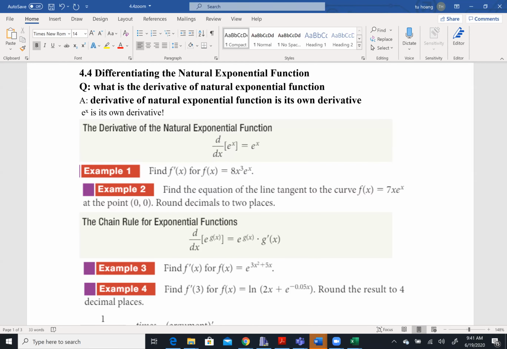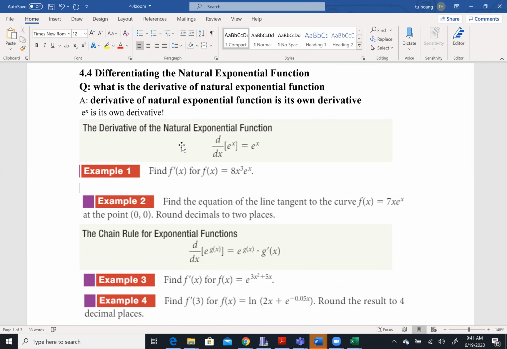Or I can say e^x is its own derivative. So this is the formula for the derivative of natural exponential functions, which is d over dx of e to the x going to be equal to e to the x. Okay, so let's apply it in example 1 here.